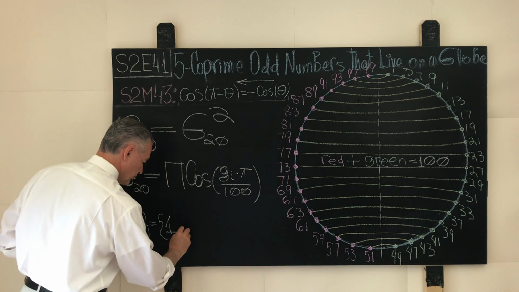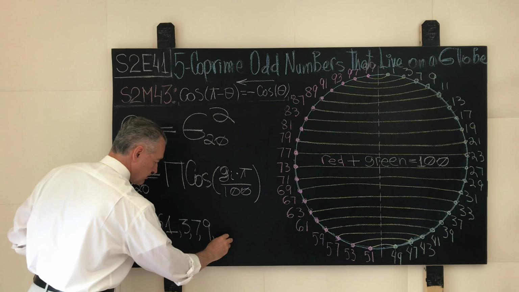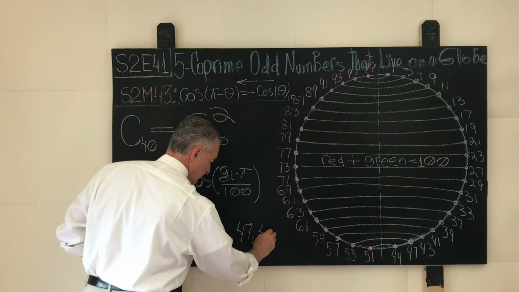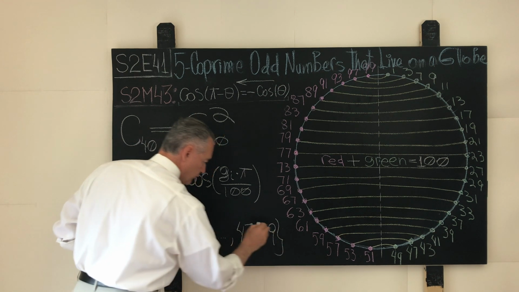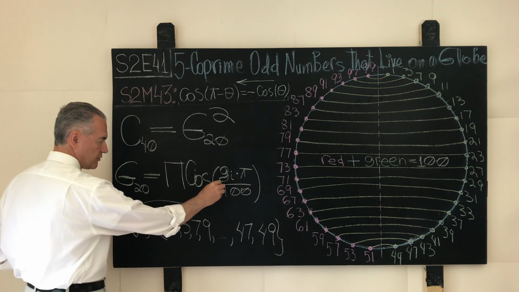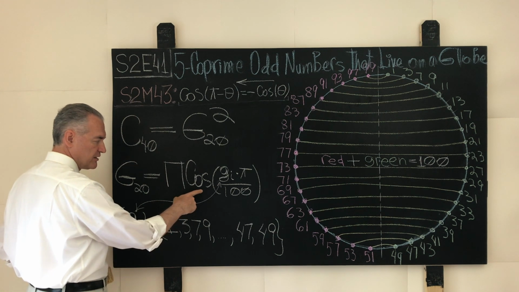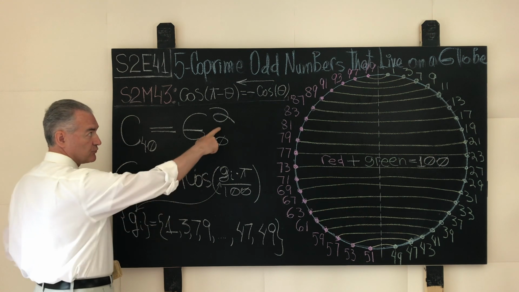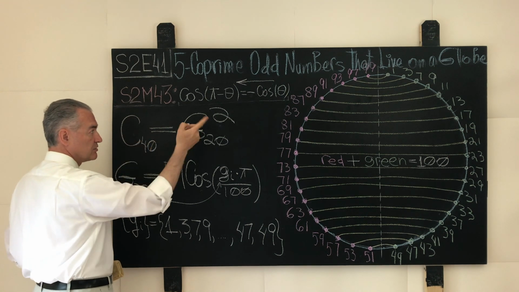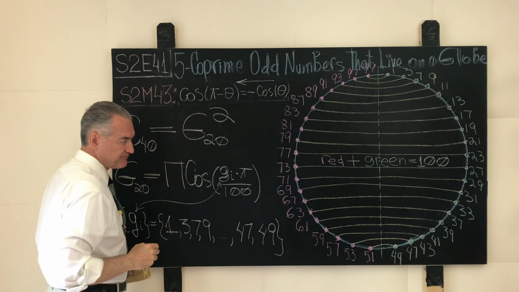So these numbers will run 1, 3, 7, 9, and so on, all the way to 47 and 49. These are the numbers taken from here. So how many factors will there be in this product? There will be 20 factors, but we have to square that product in order to obtain the value of the original product. Write this down in your paperwork or commit this to memory. We'll come back to it at the end of this episode.